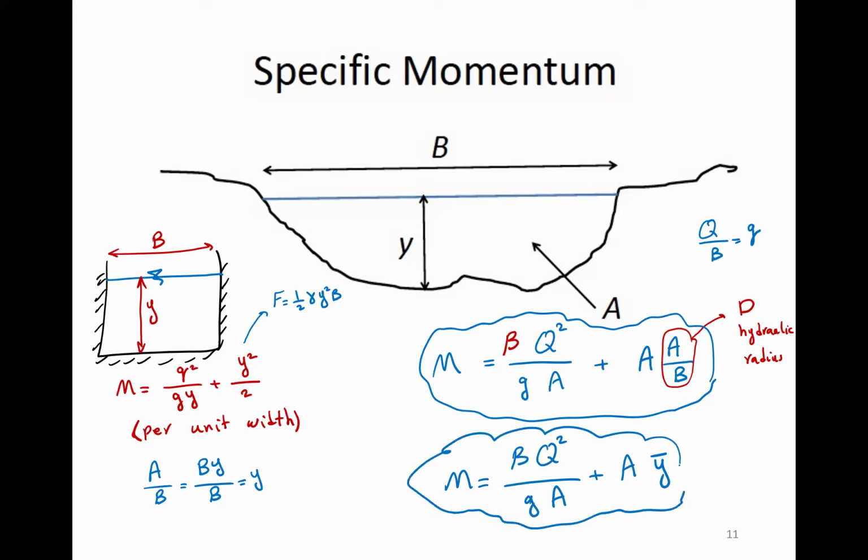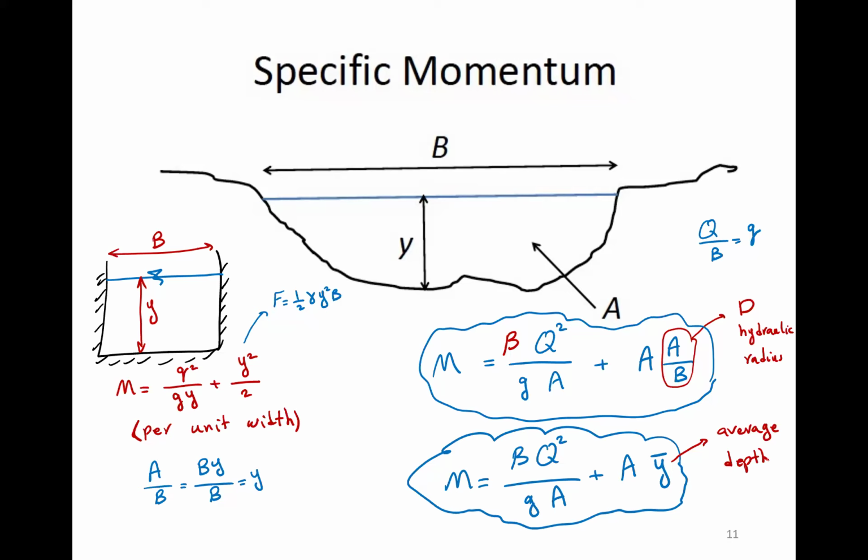So what is that? That's an average depth across the non-rectangular channel. Obviously, depth changes, but if I can get an average and use it, that's going to give me a simpler equation. So I'm going to say this is the average depth in that non-rectangular channel. Okay, so our non-rectangular specific momentum equation will be, everything has to be in terms of capital Q, obviously.